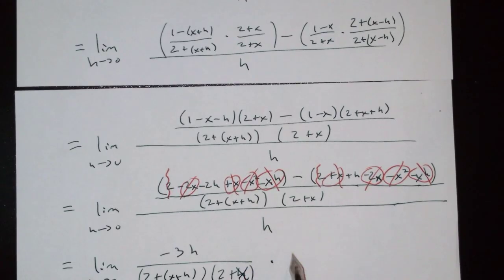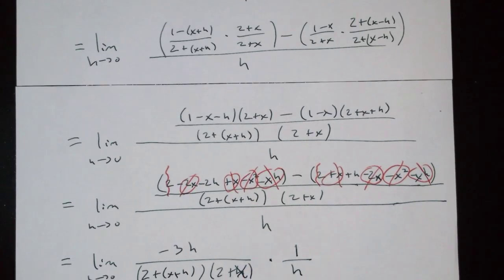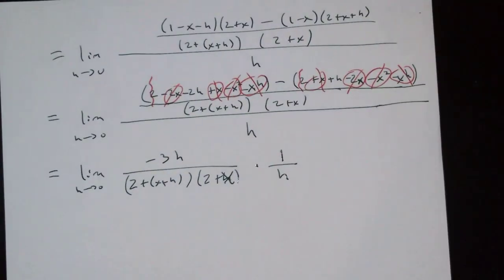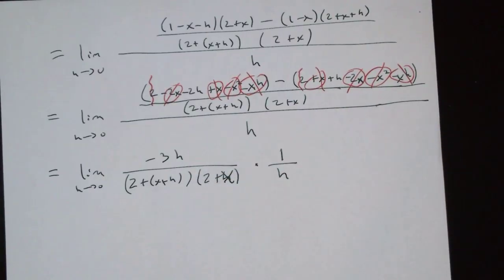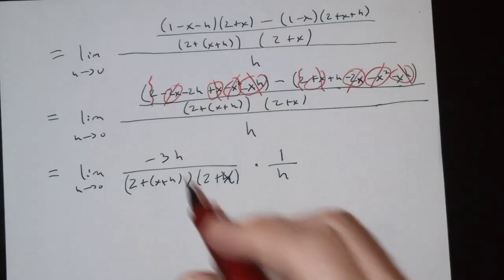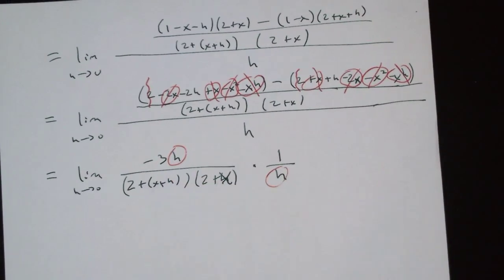And then I have this h on the bottom, which I'm going to rip out and flip over. I hate fractions within fractions. So I pull it out of the bottom and flip it over. What happens here? One more time, I get to cancel again. My h on top will cancel with this h on the bottom.